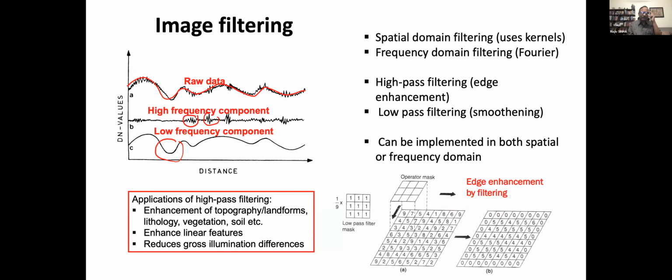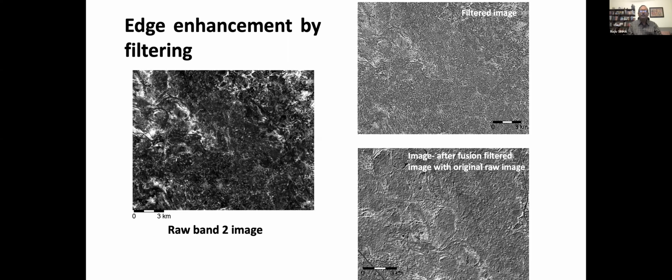So here, for example, this is a raw image where you see some rivers passing by, and some features. On this, we have applied the edge enhancement, which is the high pass filtering. And you can now see, I hope you can see, that there's a road going on here. There are certain features like these. All the linear features in a particular direction are enhanced. These are further enhanced if you produce a fusion of the filtered image with the raw image, and you can now see certain interesting features.